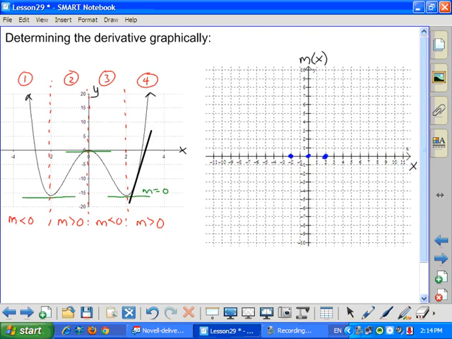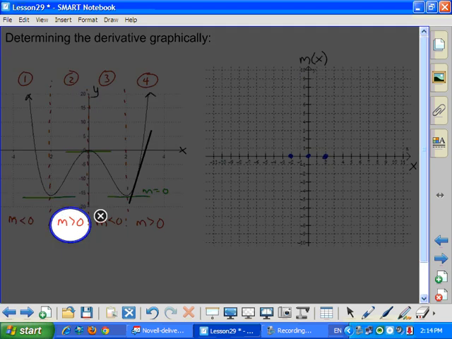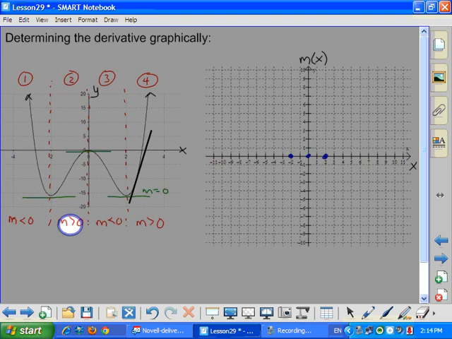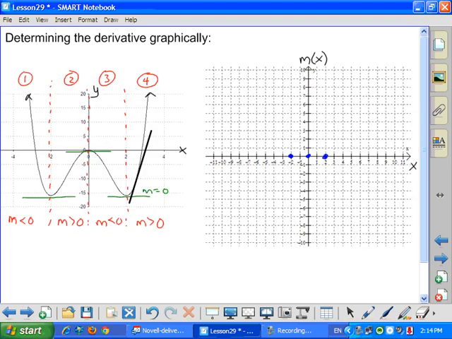In section 2, slope is always positive. However, if I can get my line segment back here for a second, what's happening to the slope? As it comes out of being 0, it's a very, very low slope. And then halfway through, the slope gets very, very steep. And what happens back here? It approaches 0 again.